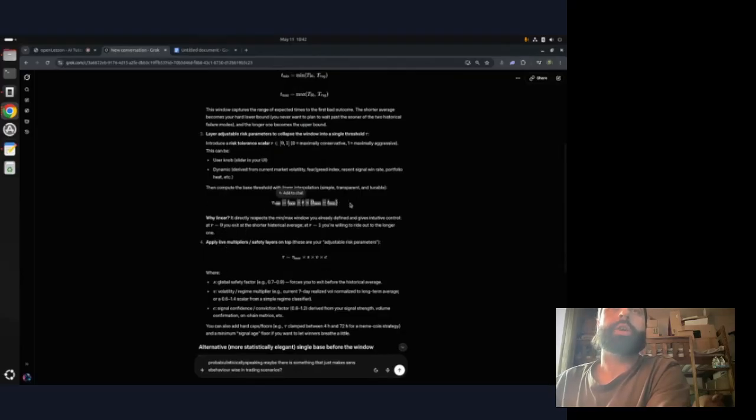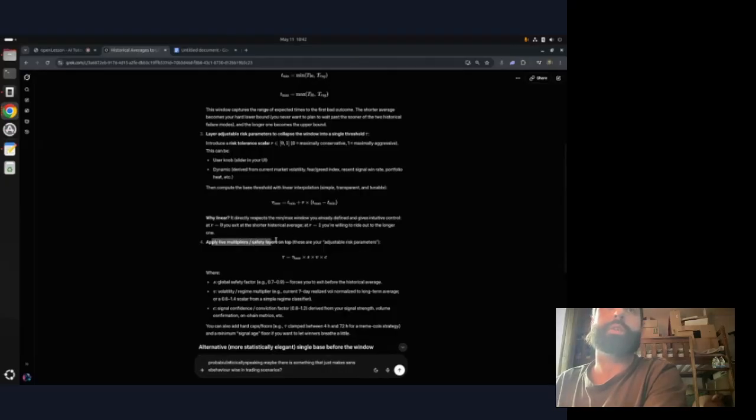Oh, so it actually does. What it does is introduce a risk tolerance scalar, a user knob, and then computes the base threshold with linear interpolation. Simple to explain and tunable. T-mean plus R times (T-max minus T-mean), so how much you're willing to actually go up the risk scale. It directly respects the min-max window.